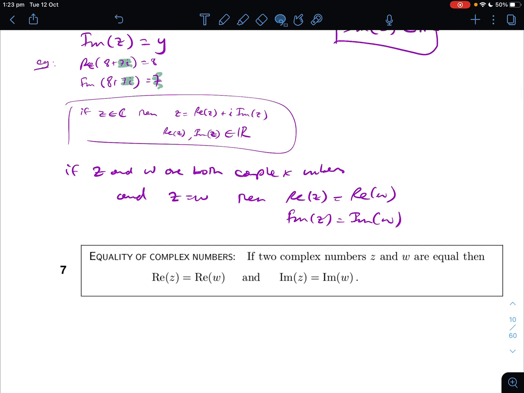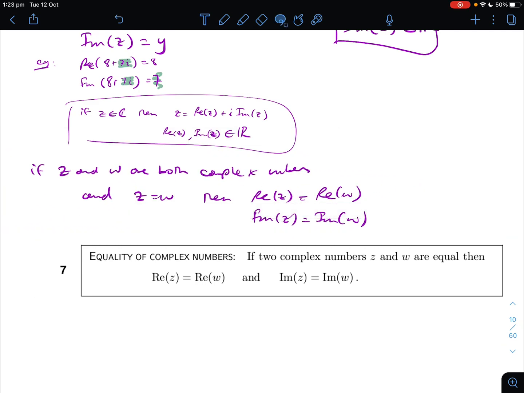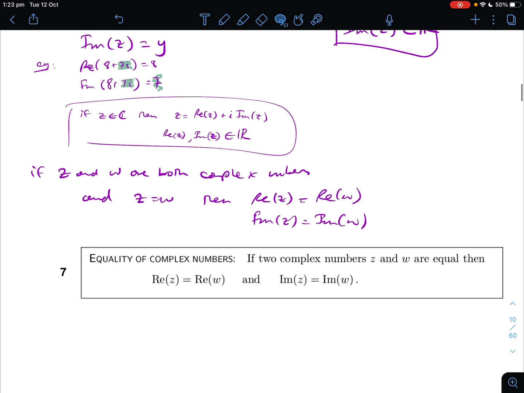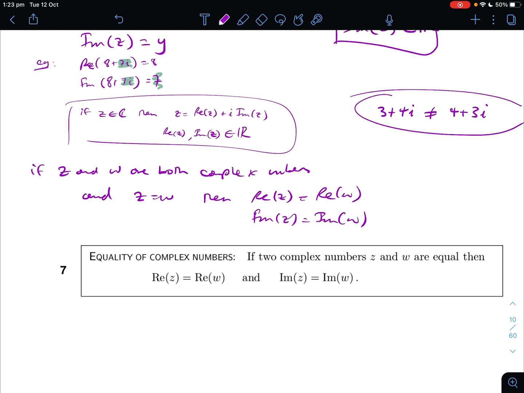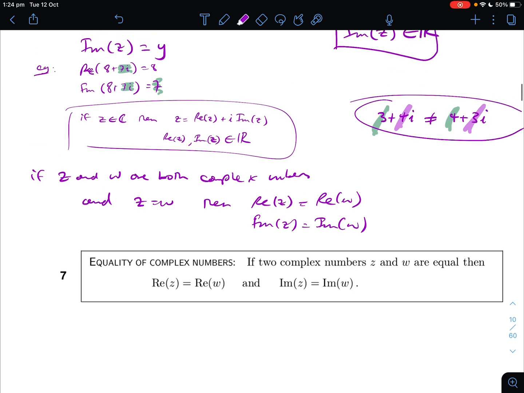We haven't actually done a lot of work on the equality of complex numbers. Two complex numbers are equal given a few circumstances, but what it basically means is that 3 plus 4i can't be equal to 4 plus 3i or some other value. In order for the numbers to actually be equal, you need the real parts to be equal, and you need the imaginary parts to be equal.